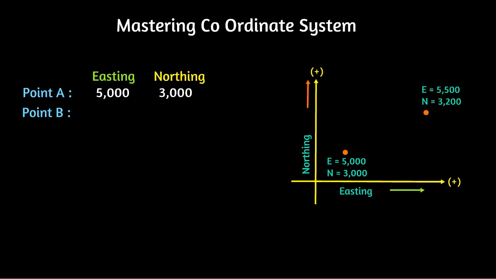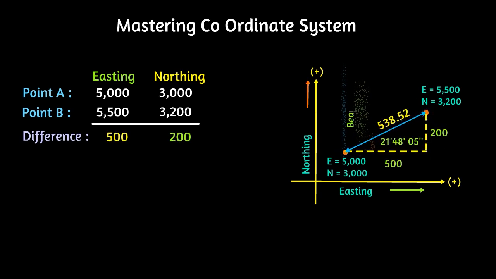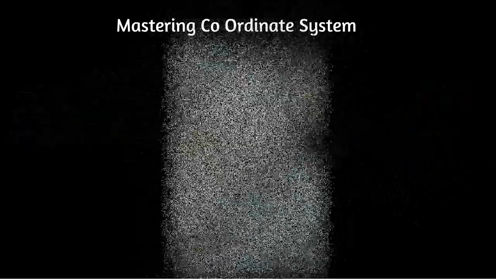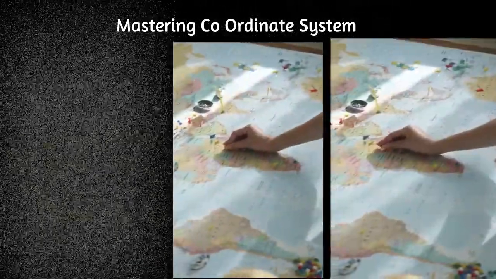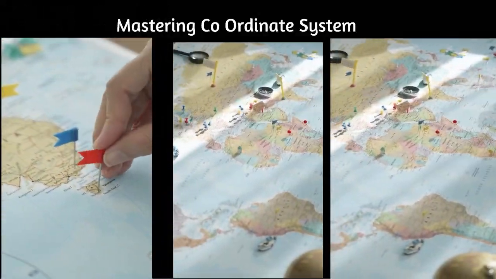Point B: easting equals 5,500, northing equals 3,200. The difference helps calculate distance and angle between the 2 points, as we have covered in the previous chapter a few minutes back. These types of measurements underpin urban planning efforts, allowing for effective land use and infrastructure development.